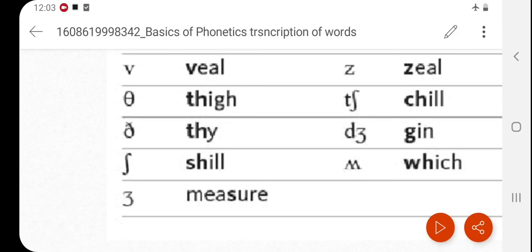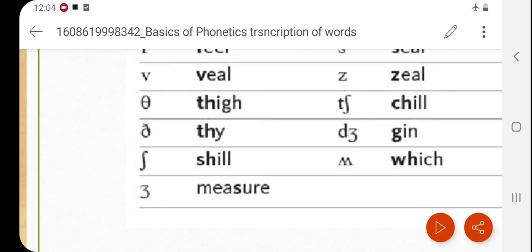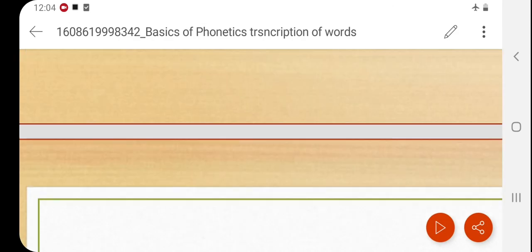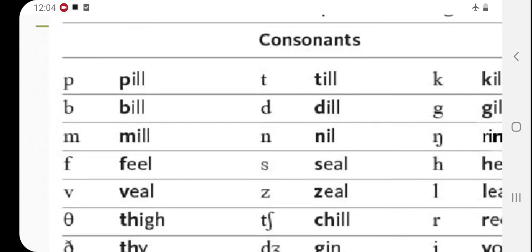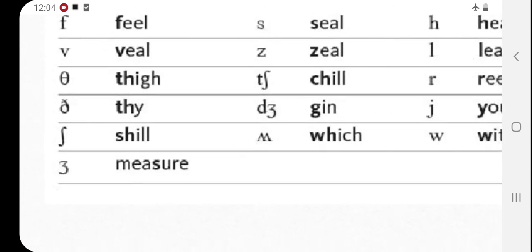Then we have measure. This is the ya sound. It is given as a small z-like symbol here. Most of the times we mispronounce it. We call it ja, or some other pronunciation. I have observed many times that students mispronounce it.